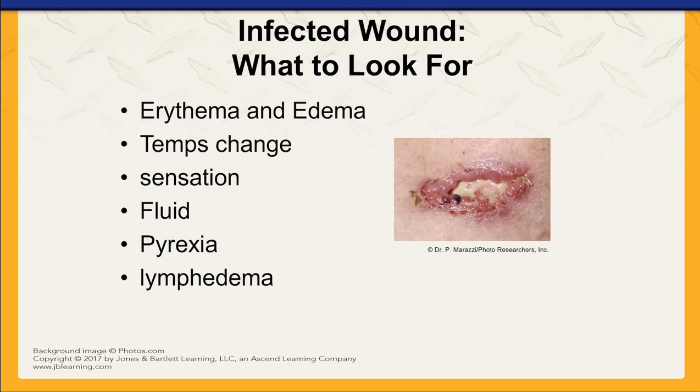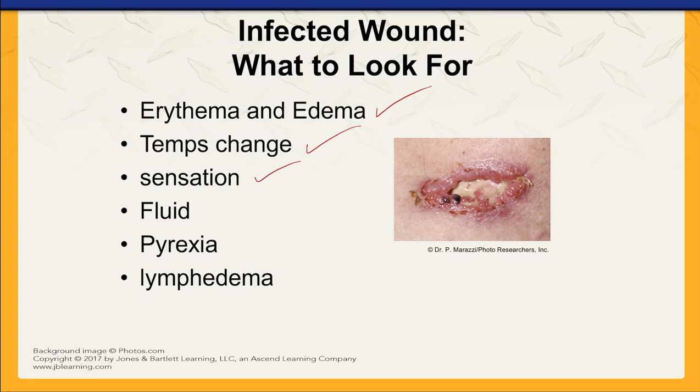So when you look over here, what are we seeing? First of all, a lot of swelling and redness around this wound. Also, if you touch it, you're going to feel that it's probably warm, and this is a sign of an infection. It's also painful; you're going to feel a throbbing pain.